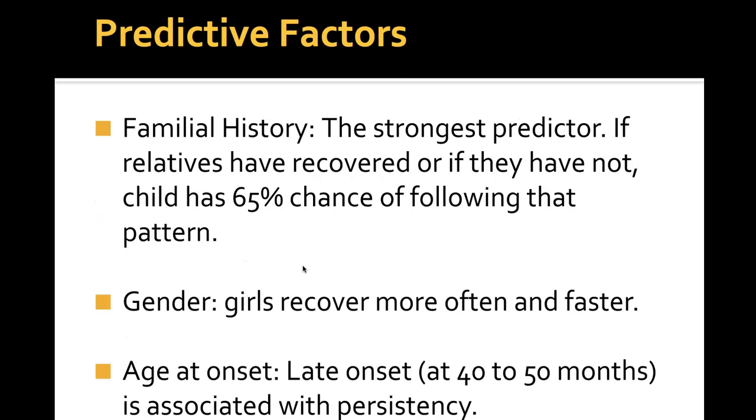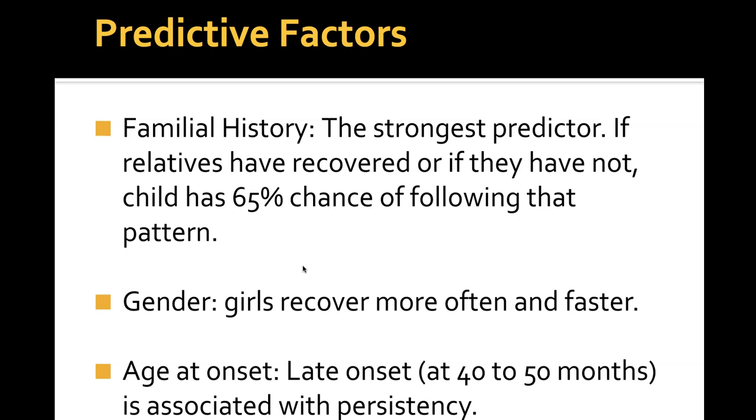All right, predictive factors. So who is most likely to continue to stutter or to stop stuttering? So family history is the strongest predictor. If relatives have recovered from stuttering, so if a child has a parent, aunts, uncles, grandparents who stuttered but recovered, they don't have a 75% chance of recovery, they have a 65% chance of recovery.